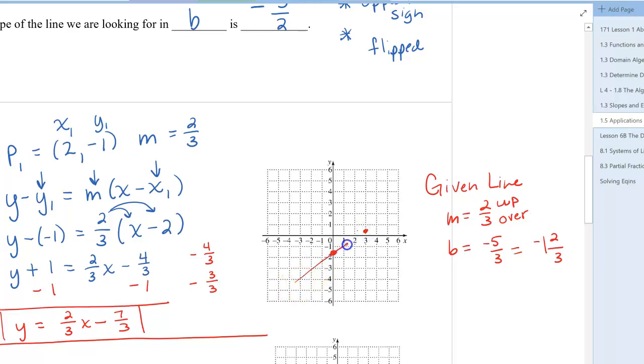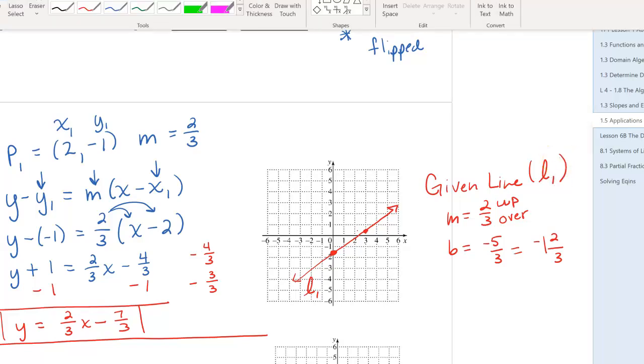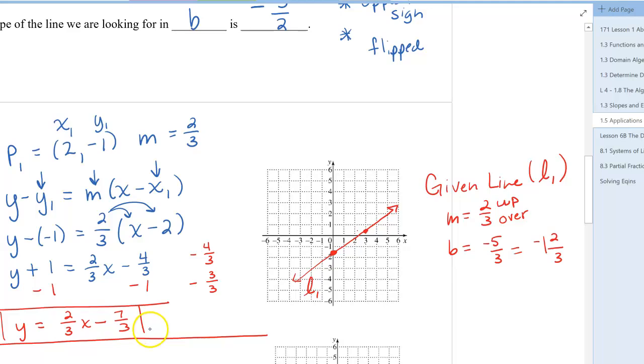And this is my given line. We'll call that line 1. And then the line that is parallel to that, we'll call that line 2. m is equal to 2/3, but this time the y-intercept is -7/3. Well, 3 will go into 7 twice with 1 left over.